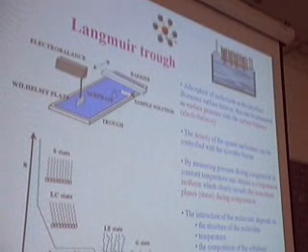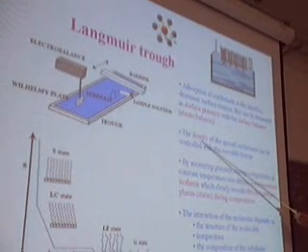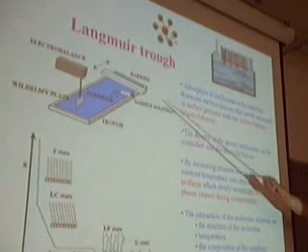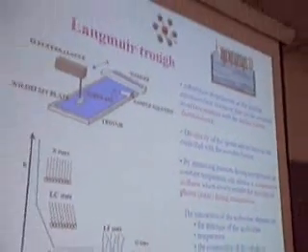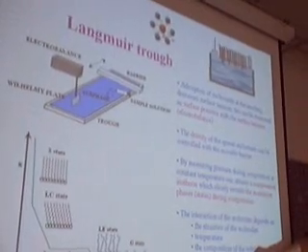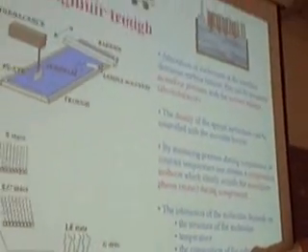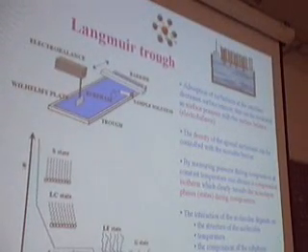Then we start controlling the density of this system by simply moving this barrier. When we simultaneously measure the surface pressure all the time, we measure the interactions between the molecules, and we obtain this kind of compression isotherm. Isotherm, because we have a constant temperature throughout the experiment.